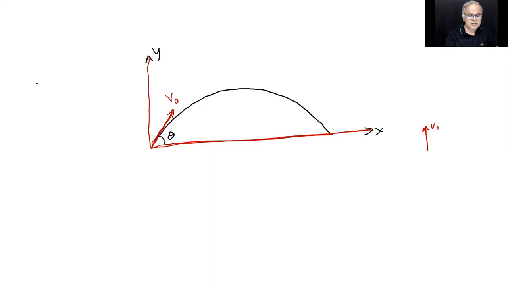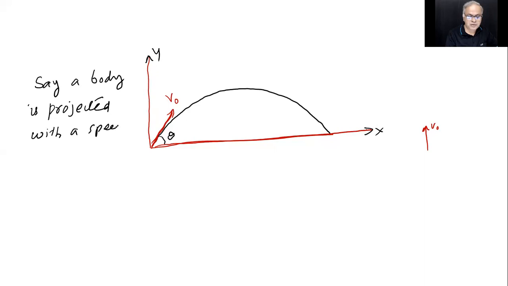So say a body is projected with a speed v0, making an angle theta with the horizontal.